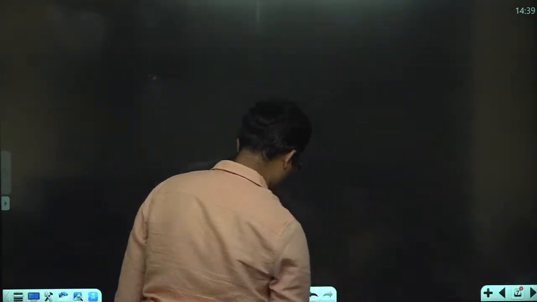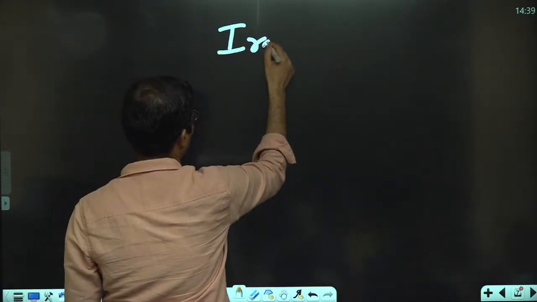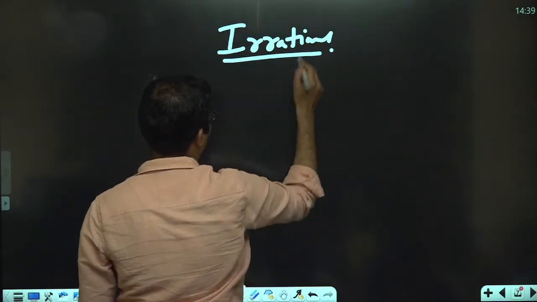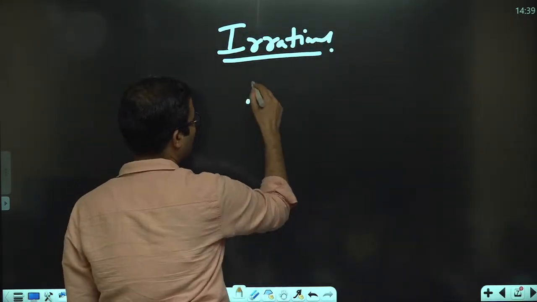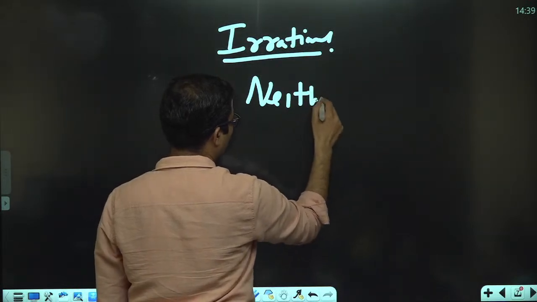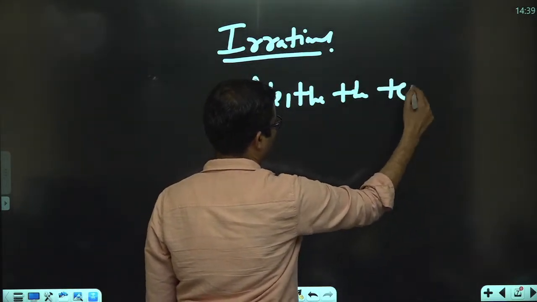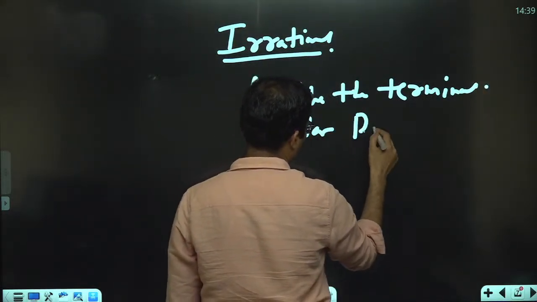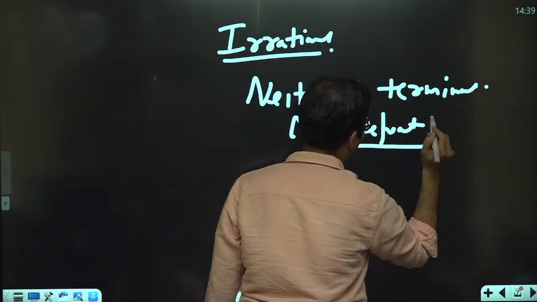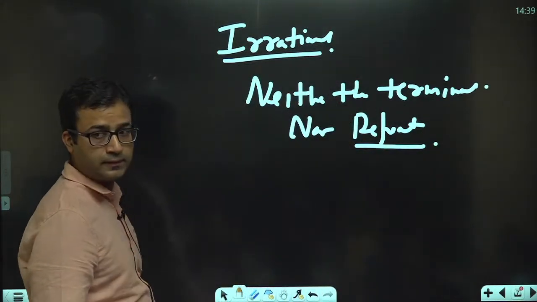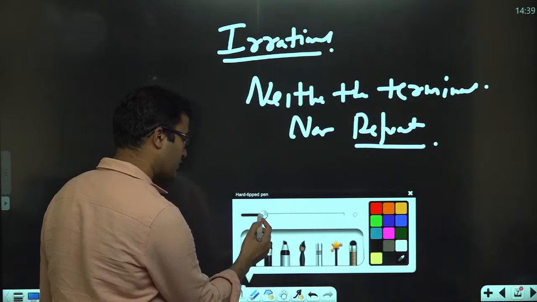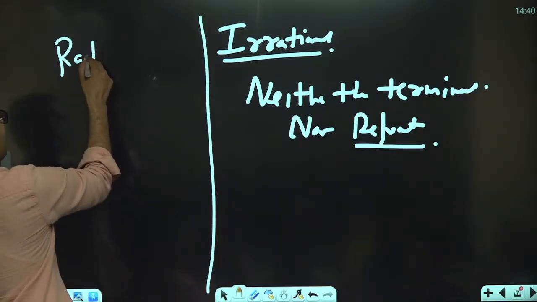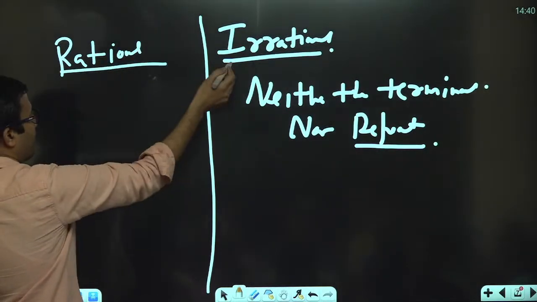लिख लो, irrational number. When we convert this in decimal, neither they terminate nor they repeat. ये irrational में देखो, we will see the difference of rational and irrational.